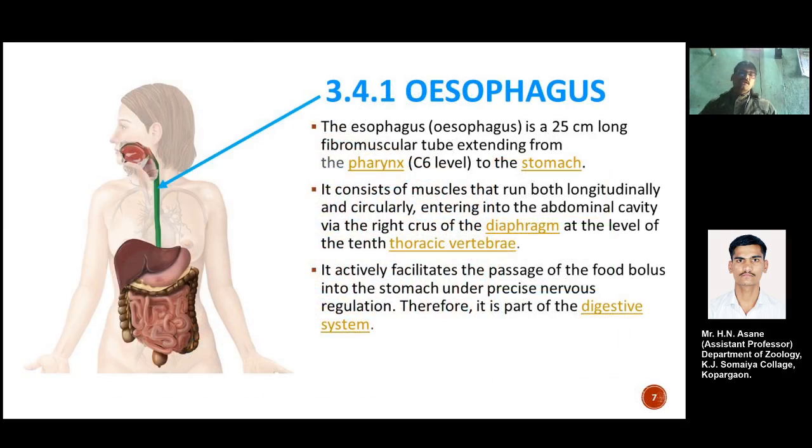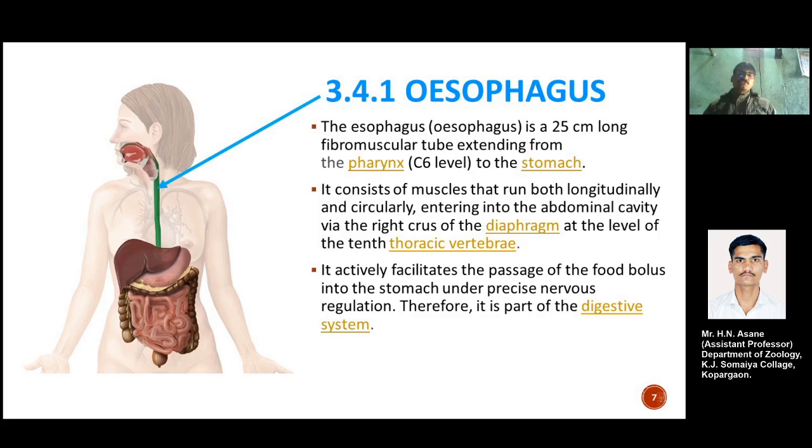As you see in the picture, the long tube starts from the throat and ends in the stomach. The esophagus is a fibromuscular tube up to 25 centimeters long, extending from the pharynx to the stomach.